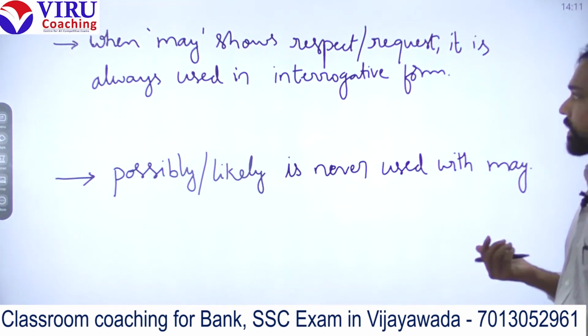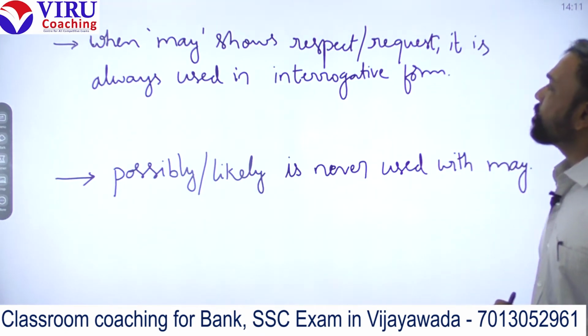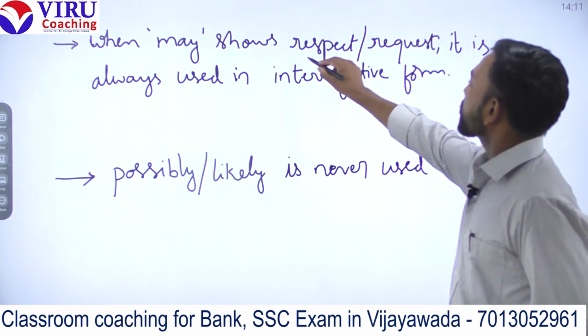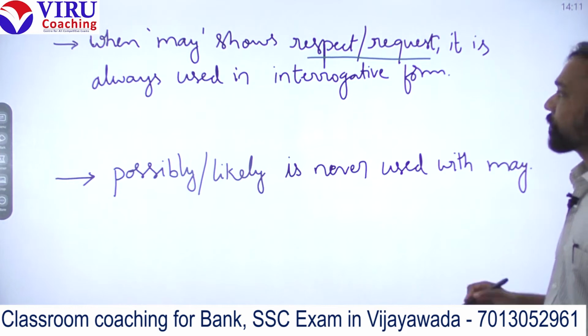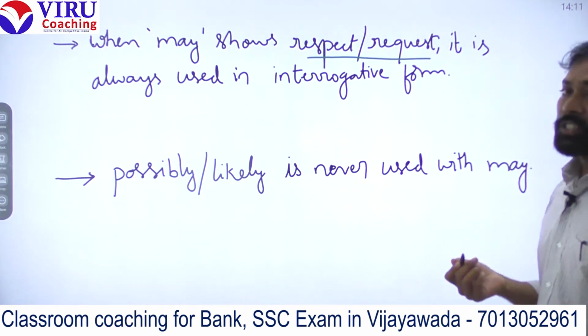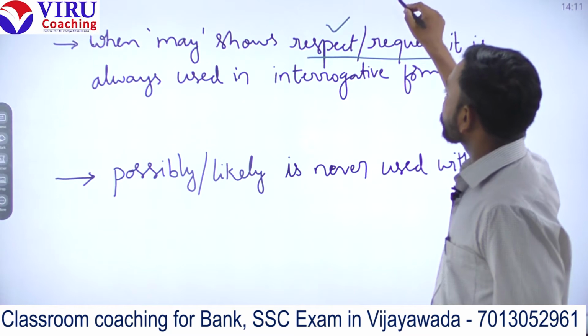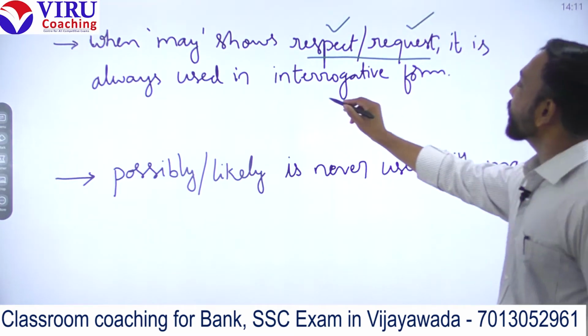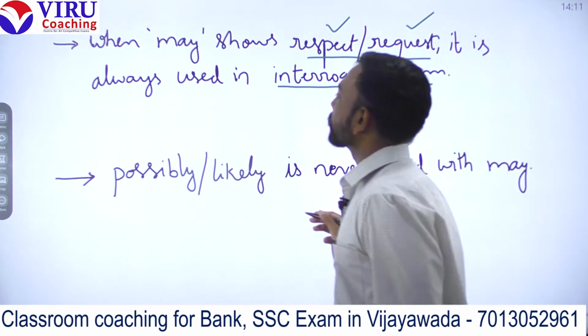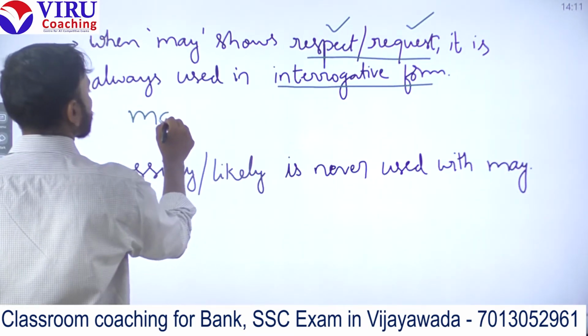Next important point. When may shows respect or request, it is always used in interrogative form. When may shows either respect or request, it is always used in interrogative form. May I go there?